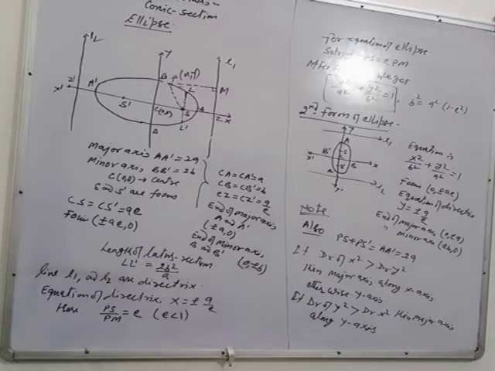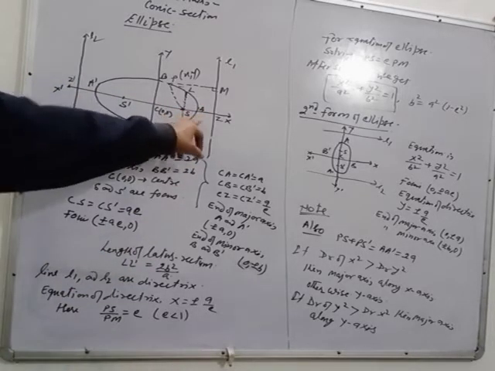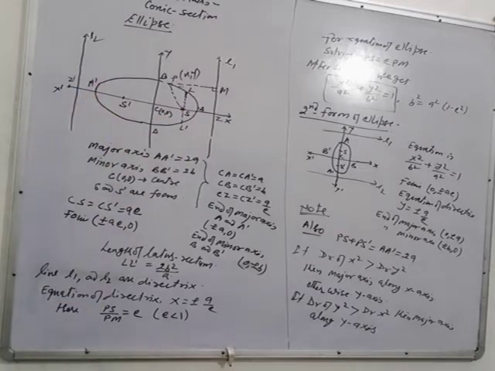Now we have to remember its measurements, very important. AA dash is the major axis, with length 2a.